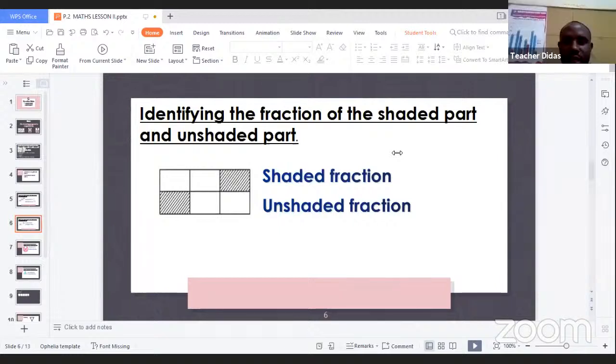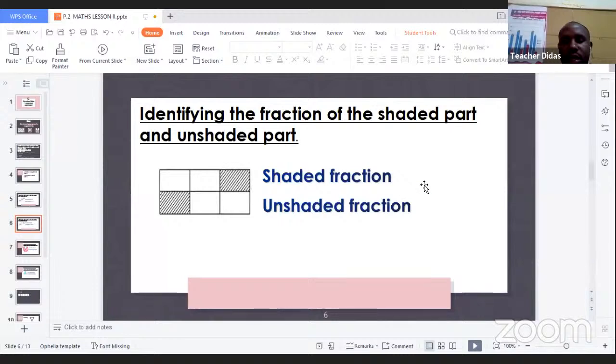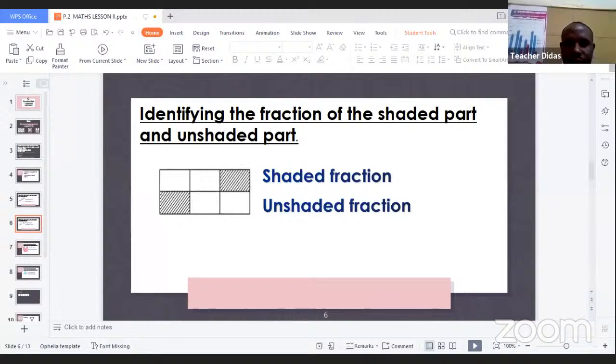Oh, okay. Let me hear from William. William, are you on? Yes, William, how are you? William, can you go on and tell me the shaded fraction and how we get it, as I've explained earlier?